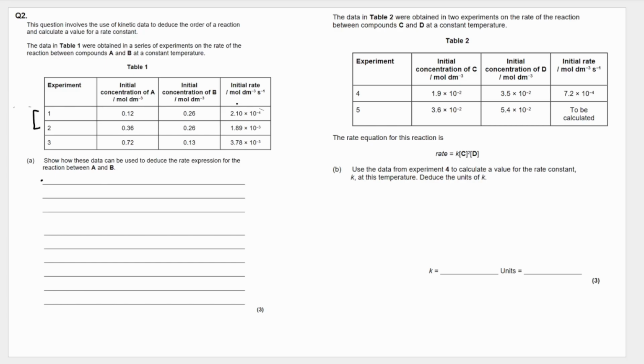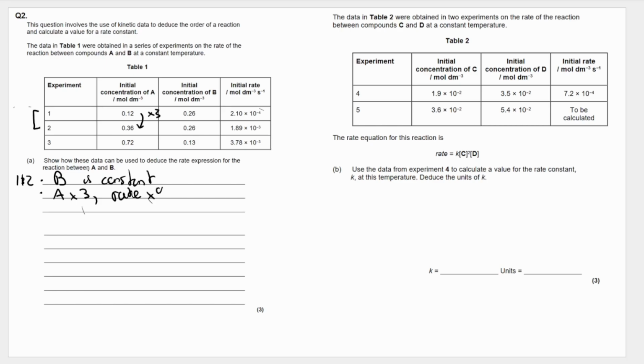Well, let's start off by analysing the first two reactions, and the important thing to do here is to have a look at what's constant and what has changed. So we know that B is constant if we pick reactions 1 and 2, and therefore the impact on the rate is purely to do with A. What has happened to A? Well, A has been times by 3, and the rate has gone from 2.10 times 10 to the minus 4 to 1.89 times 10 to the minus 3.